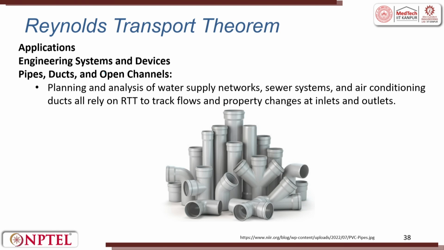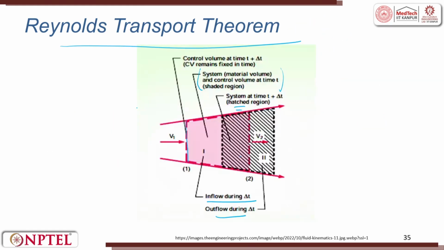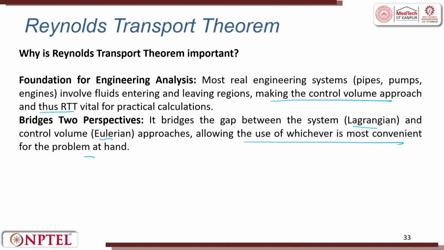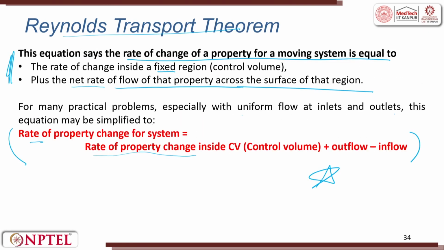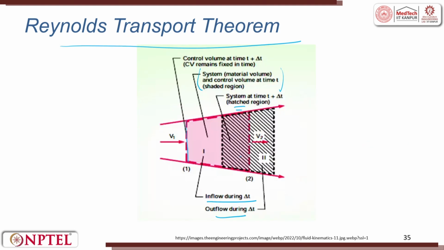So, in engineering systems and devices, the fluid is flowing through a pipe, duct, or open channel. The planning and analysis of water supply networks, sewer systems, and air conditioning ducts all rely on RTT. Why is RTT important? Because the equation says the rate of change of a property for a moving system is equal to the rate of change inside the fixed region plus the net rate of flow of the property.